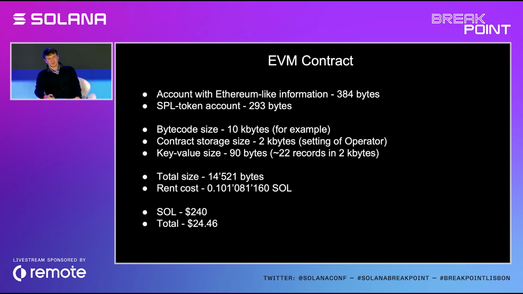We should deploy the contract to the Solana storage and create the storage for the information of the contract. One record in our storage requires about 90 bytes. So if we deploy a contract with a size of about 10 kilobytes, it requires about $24.50 at the current price.